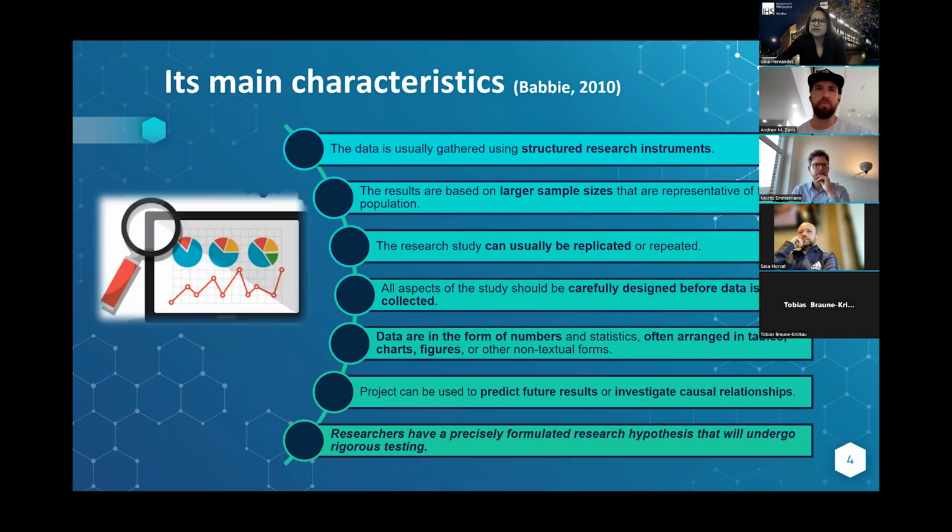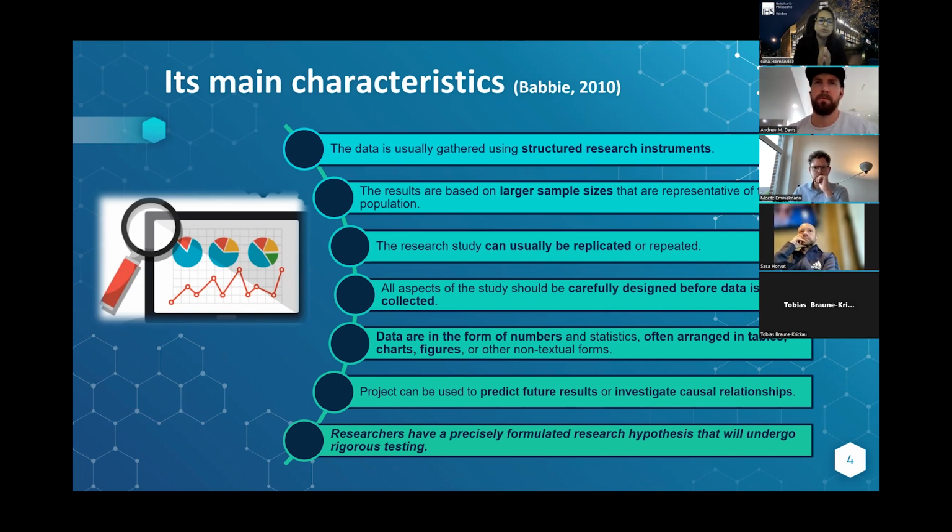So here you have on screen some of the main characteristics of quantitative research. The data is usually gathered using structured research instruments, and the results are based on larger samples because we want the sample to be representative of the whole population.